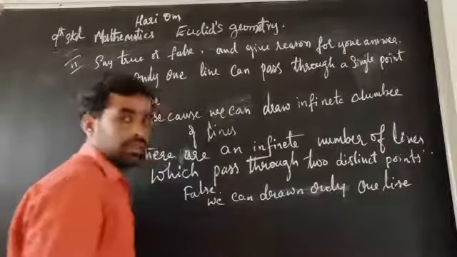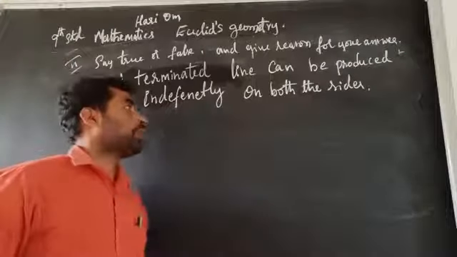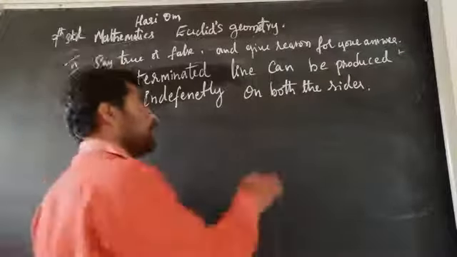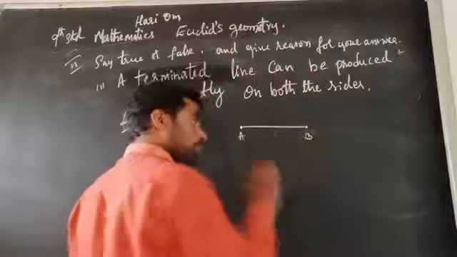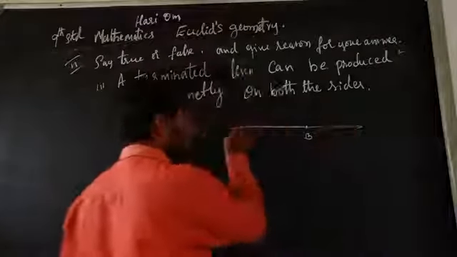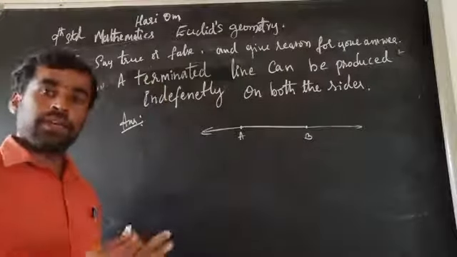Dear students, a terminated line can be produced indefinitely on both the sides. A terminated line is a line segment, which has two end points A, B. So this line segment we can extend on either side. Either side means both the sides.